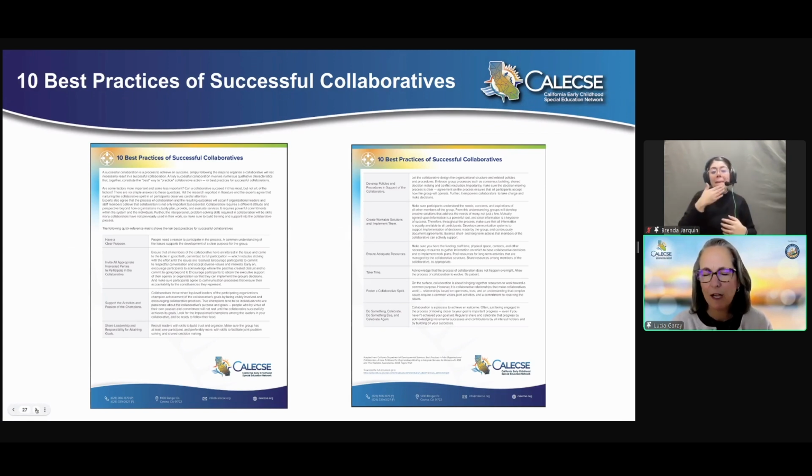So let me move on to the very next slide, which is the best practices for successful collaboratives. Sarah hinted at and presented this in one of those initial slides, but this is a very nice description of those 10 best practices in layman's terms that can also be shared with your staff.